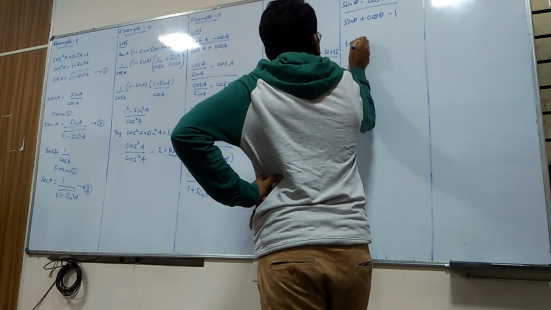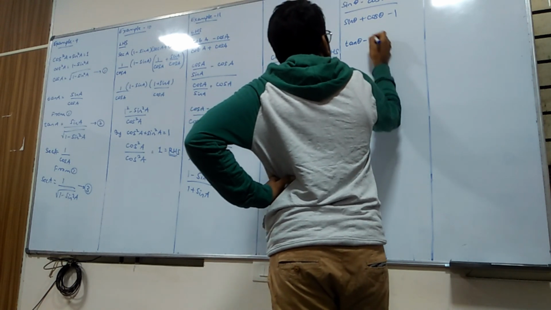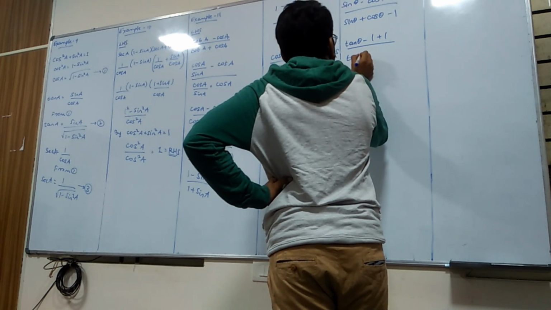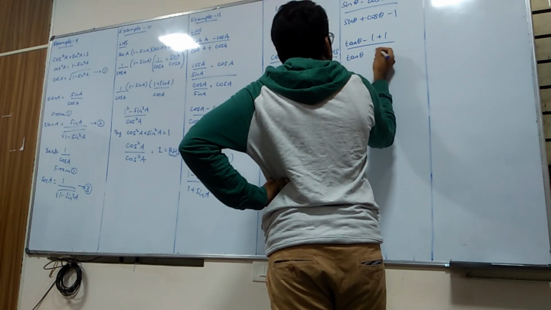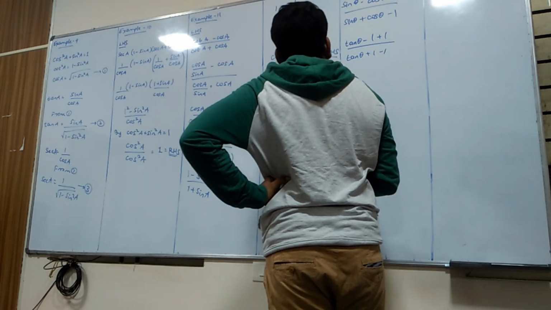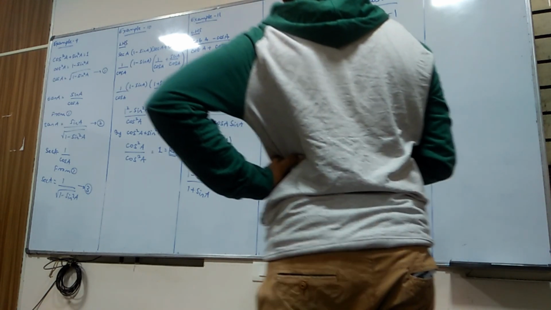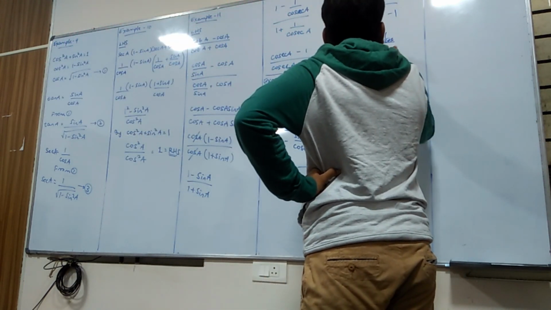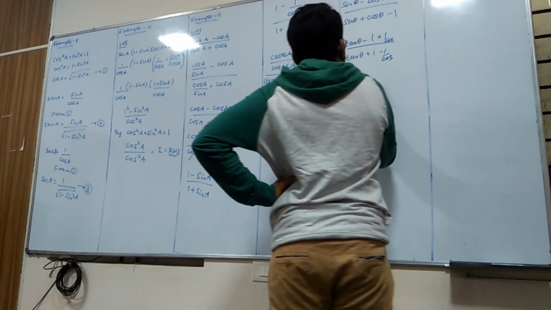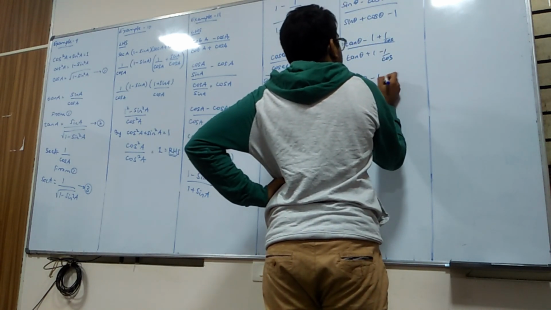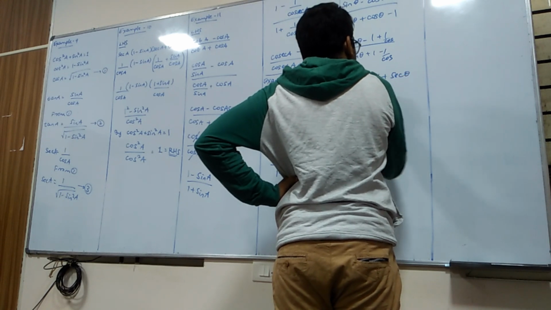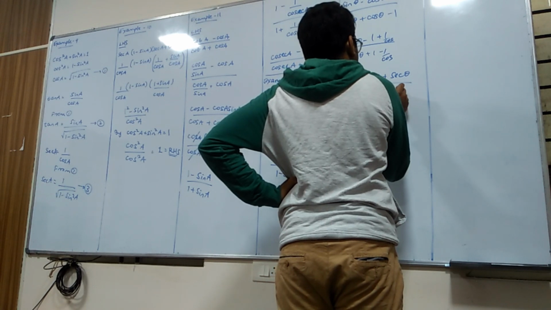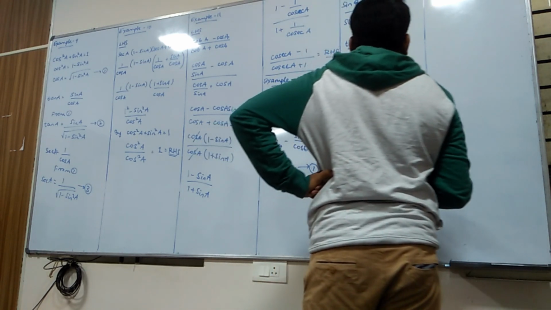So tan theta minus 1 plus secant theta divided by tan theta plus 1 minus secant theta. Okay?